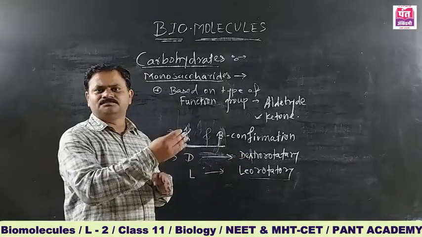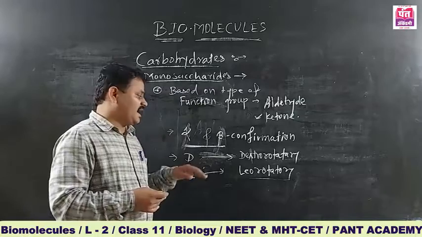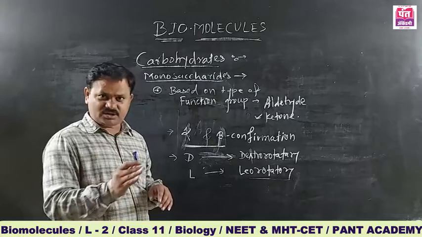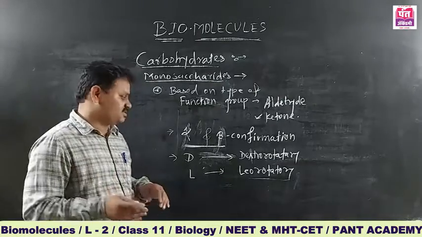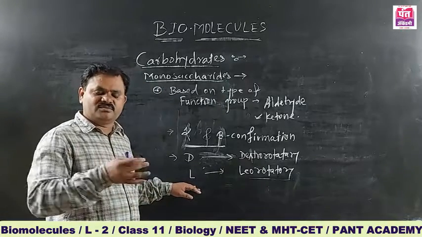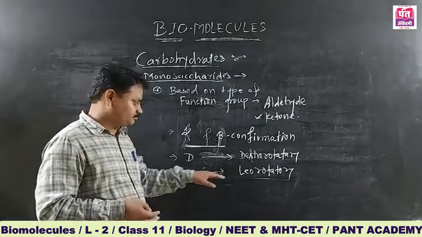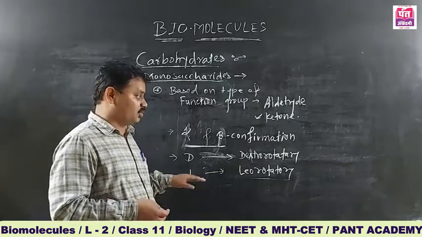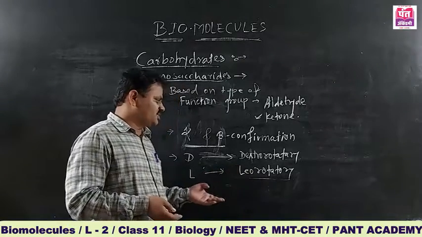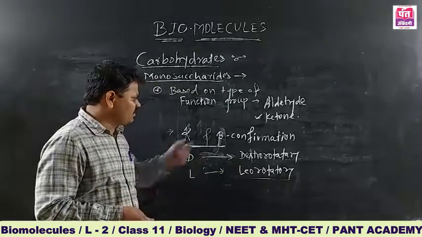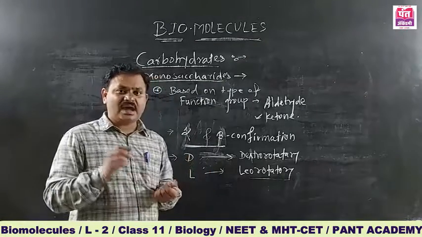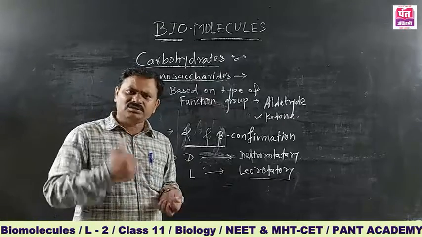If we pass monochromatic light through the solution of a monosugar, and the light deflects its path towards the right side, then it is dextrorotatory, and if the light deflects to the left side, then it is levorotatory.